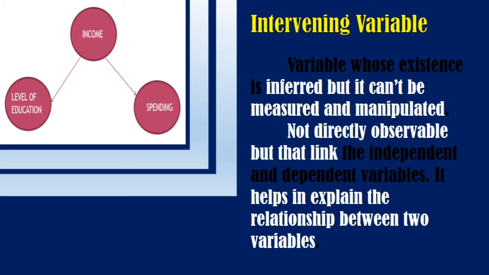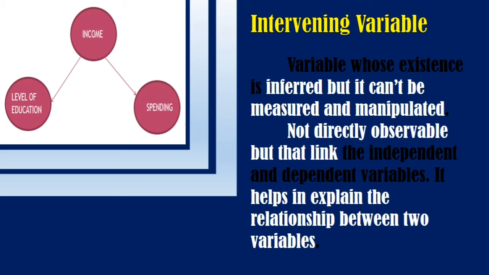Example, you have on the slide level of education and spending. So your level of education represents your IV and spending represents your DV. These two variables can be affected by income as the intervening variable.